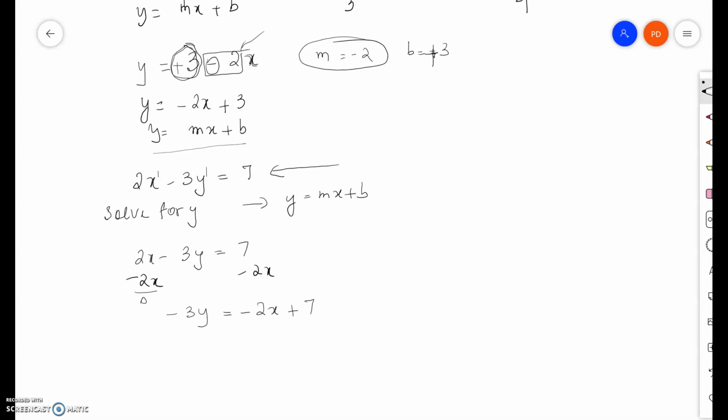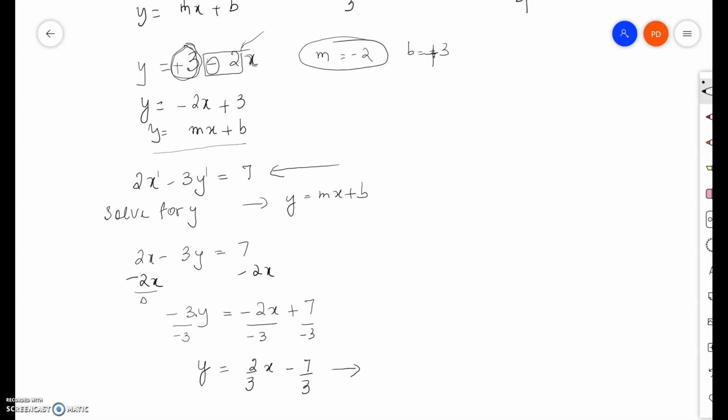Now I need to get rid of the negative 3 that's multiplied to y. The only way I can get rid of the negative 3 is by dividing by negative 3. If I divide the left side by negative 3, then the entire right side also gets divided by negative 3. So now we have y equals 2/3, the negatives get cancelled, x, and then this is a negative number, negative 7/3.